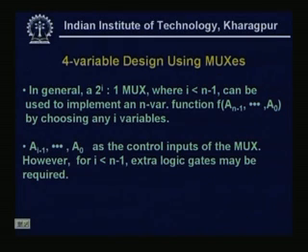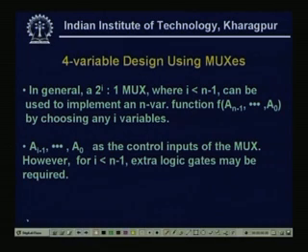Last day what we have seen, that in general a 2 to the power I to 1 mux, where I less than n minus 1, can be used to implement an n variable function. So, that n variable is 0 to n minus 1, by choosing any I variables.